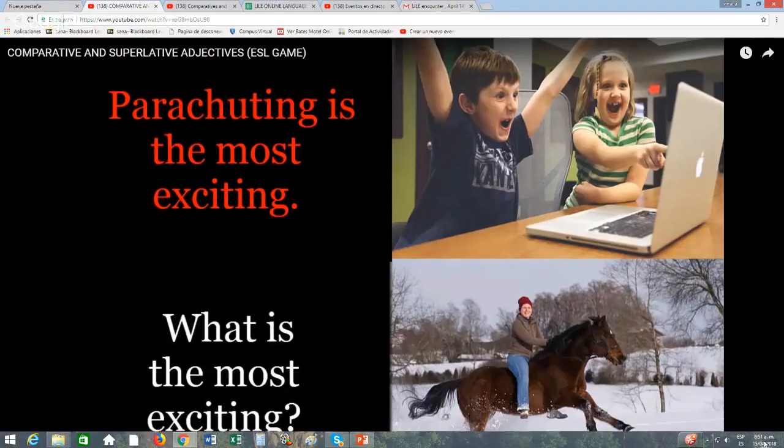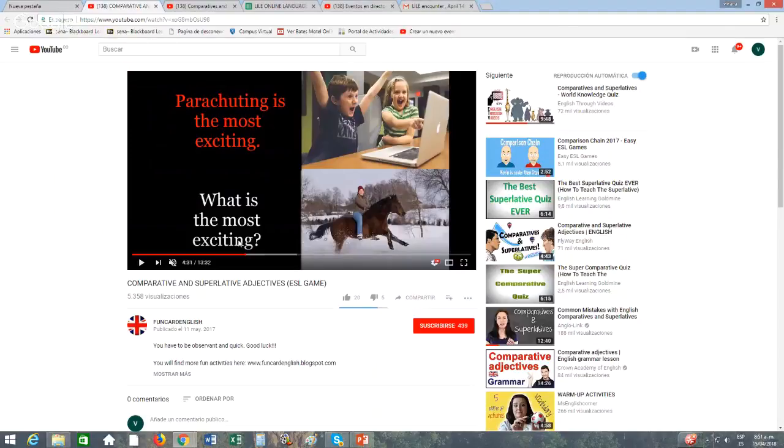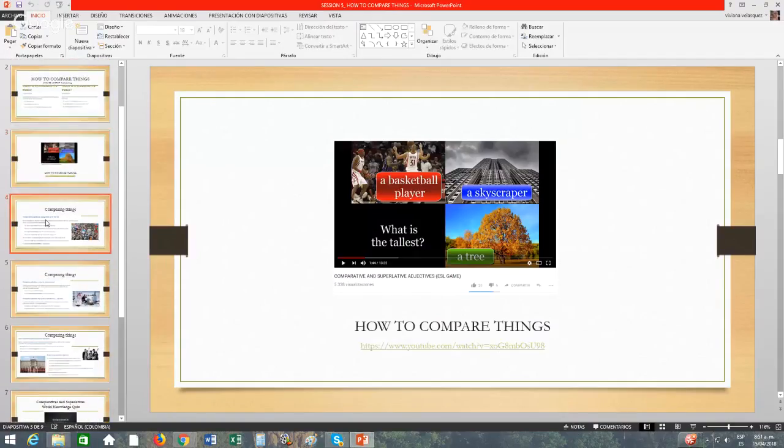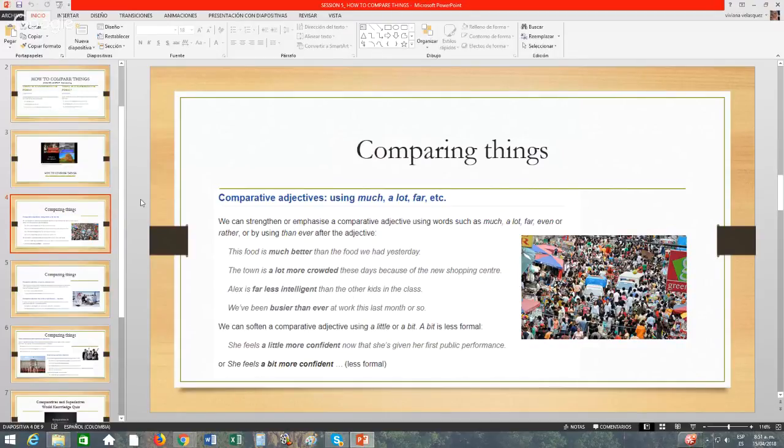Now let's continue with the next part because we are going so fast here. So in this case, remember, you use comparative forms usually when you use more or -er, no? But also we can exaggerate a little bit more. We can emphasize the comparative using some quantifiers, or let's use quantities, right?